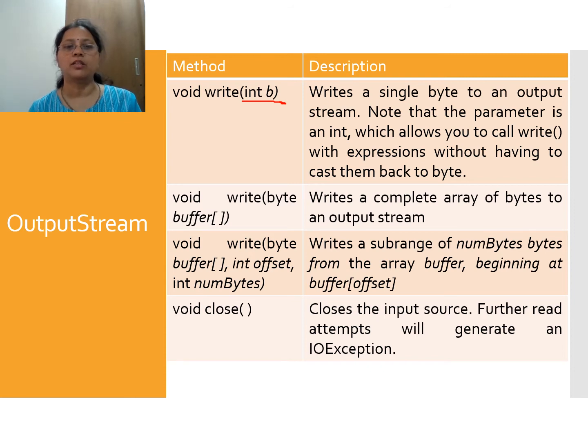Second write method writes a complete array of bytes to an output stream, while the third method, as it takes three parameters, writes the number of bytes specified, that is a subrange of that buffer array, to the output stream, while close closes the output source. Here all these methods attempt to generate I/O exceptions.